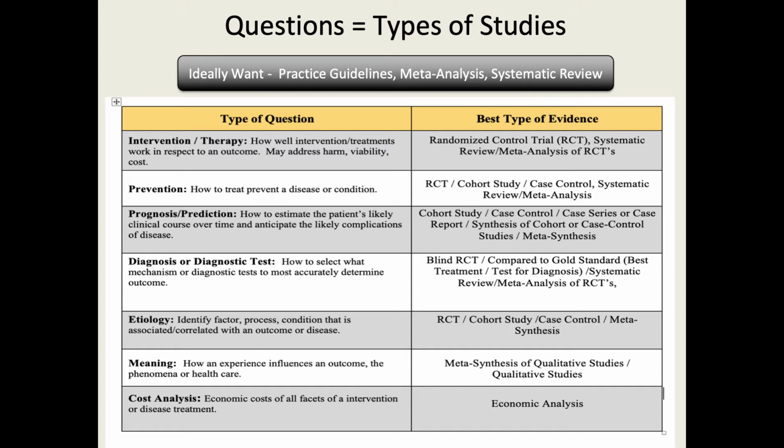Ideally, you would like a practice guideline or a meta-analysis or systematic review, but those don't exist for every type of question or every type of problem. So, understanding what the best type of evidence is going to be helpful as you move into the databases and are able to use the limits and filters for each to uncover the best evidence to answer your particular question, therefore allowing you to have a more focused and efficient search.